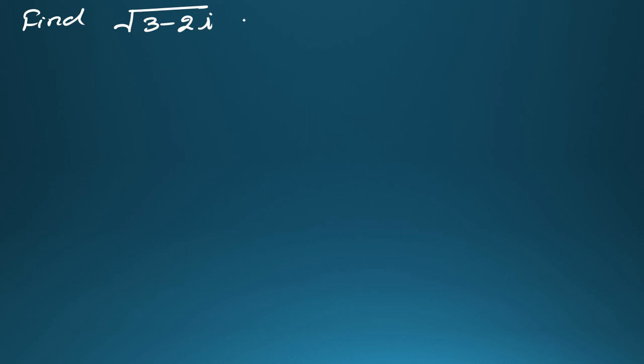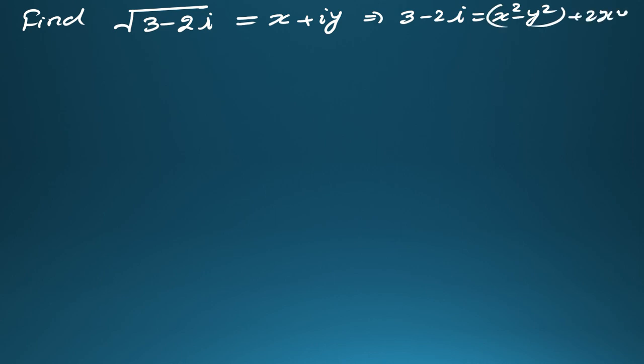Okay. So again, you will consider it as x plus iy. So what does it mean? It means 3 minus 2i will be equal to x square minus y square plus 2xy times i. I'm writing this from the last question. Just apply the identity of (a plus b) whole square and you will get this.